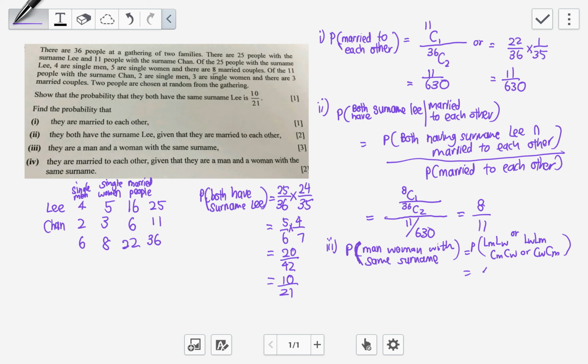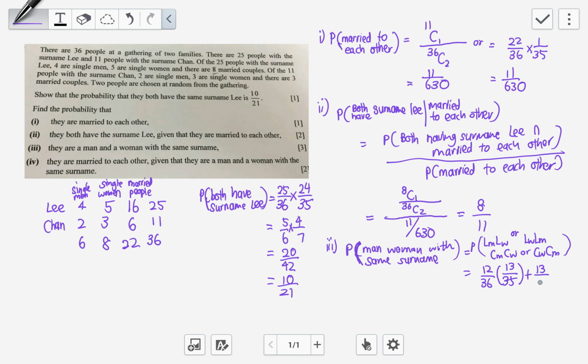For the first person to be a Lee man, it has to be 4 plus the 8 married men, so that would be 12 out of 36, multiplied by Lee women, which would be 5 plus 8, 13 out of 35, because there is one less person to choose from now.